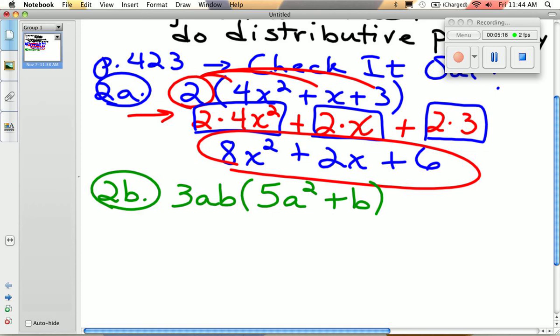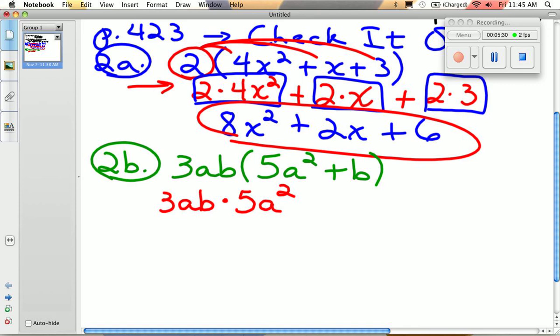It might be good to see our 3ab being multiplied by 5a squared, plus, so right here we're taking the 3ab times both of these terms. So now we also have to take 3ab times b.